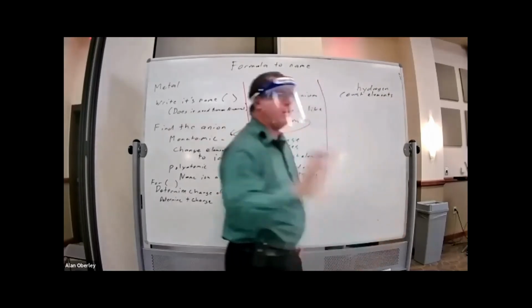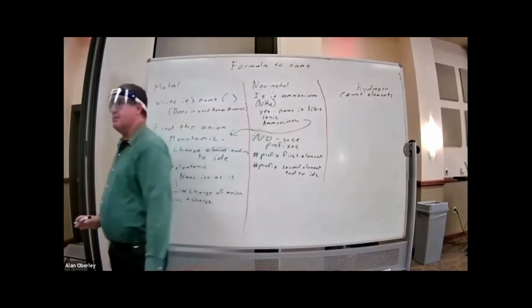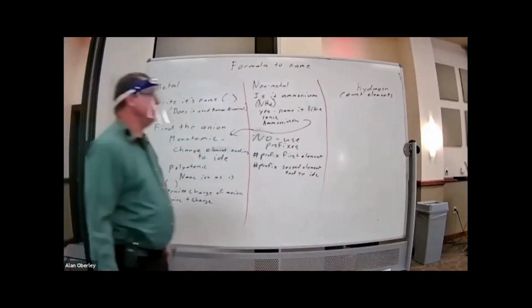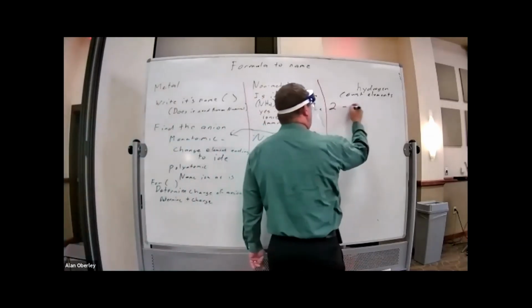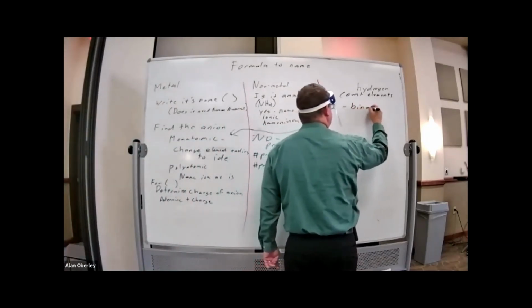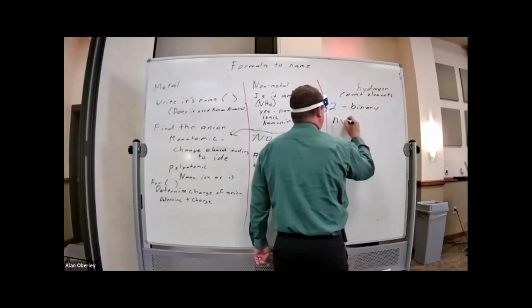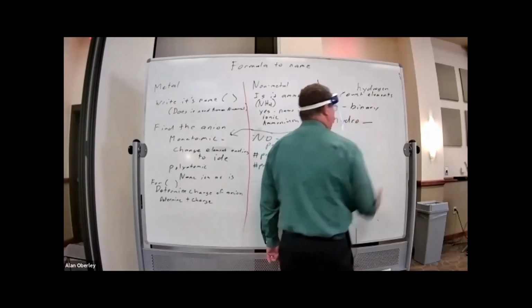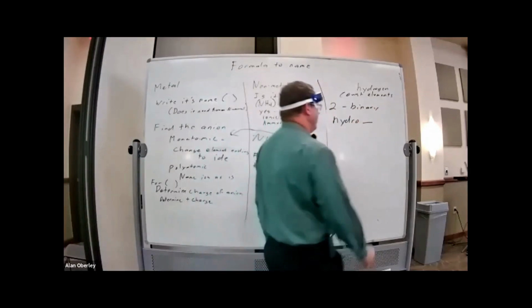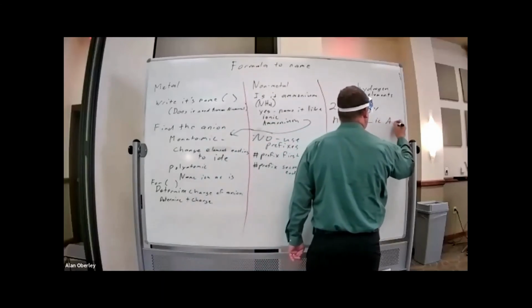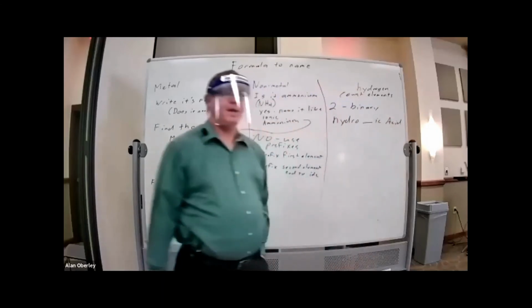I didn't say count atoms, count elements, okay? And if it's two, also known as a binary acid, it's going to be hydro, the element name, followed by ic, followed by acid.